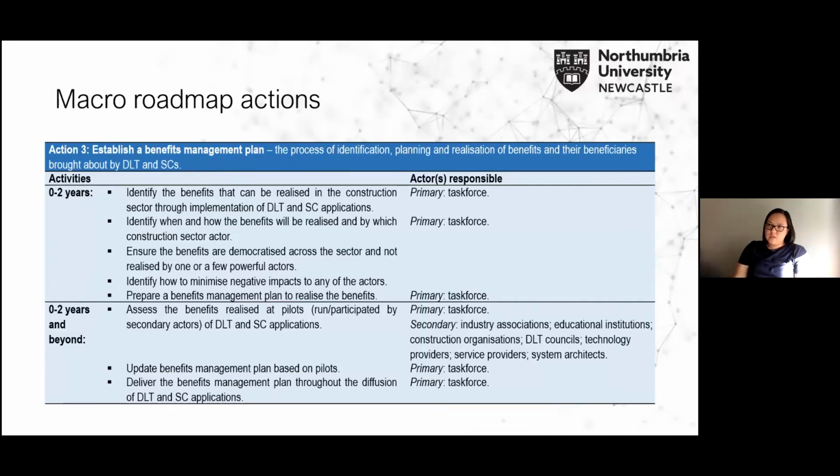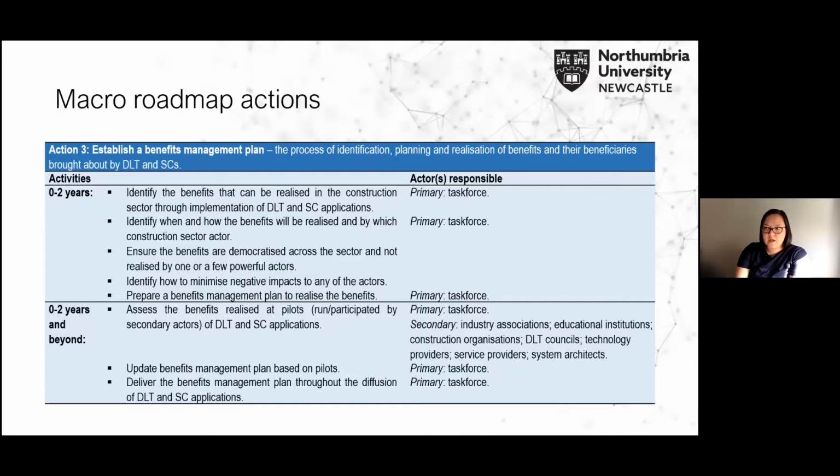So for example, here, establish a benefits management plan is really about identification of the different benefits and ensuring that they can be realized, who will realize those benefits, and that they're democratized across the sector, that not one party wins over others, and how you look at minimizing any potential negative impacts on potential actors.